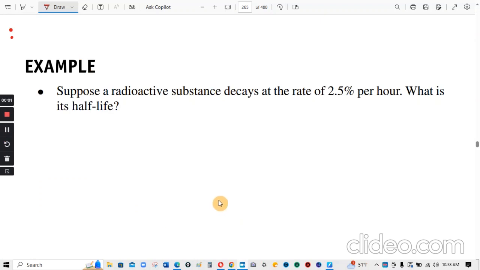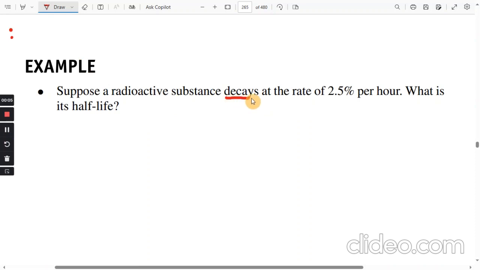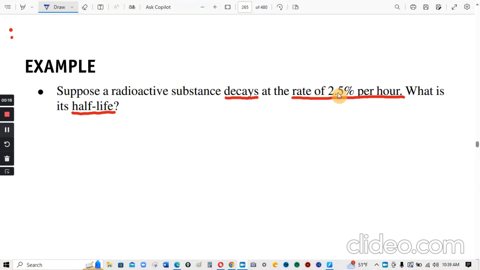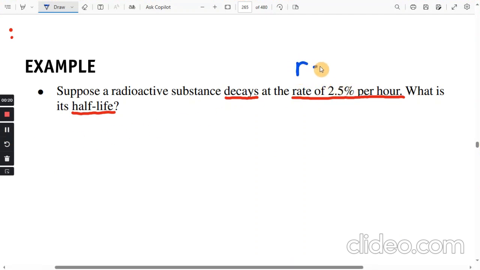All right, last one. Suppose a radioactive substance decays at a rate of 2.5% per hour. What is its half-life? All right, so the rate of decay is 2.5%.